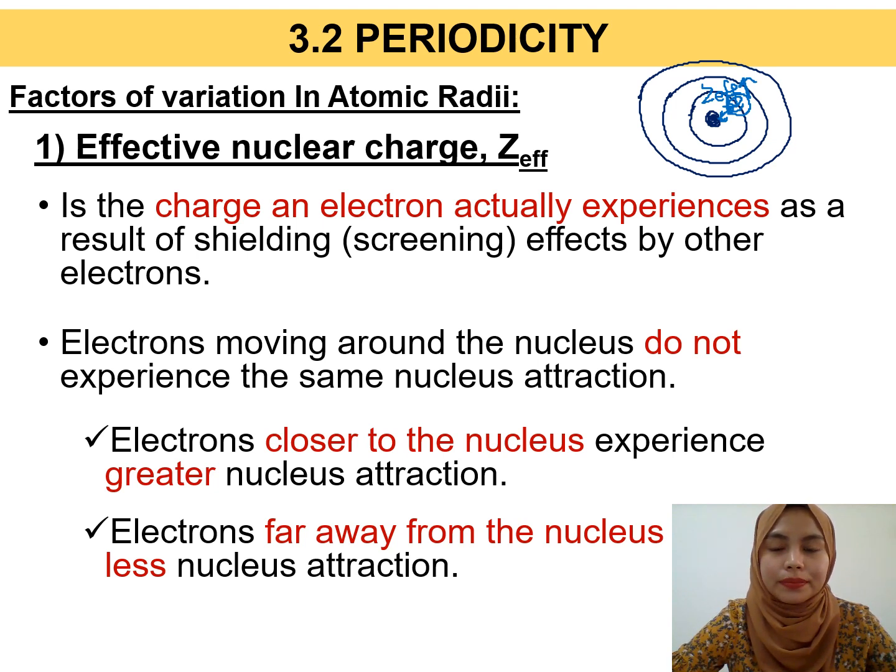But what if you have an electron that is far away from the nucleus? If an electron is far away from the nucleus, the nucleus attraction will be weak. It will have less nucleus attraction. So when the nuclear attraction is weak, therefore the ZEF for that electron and the nucleus will be low as well.